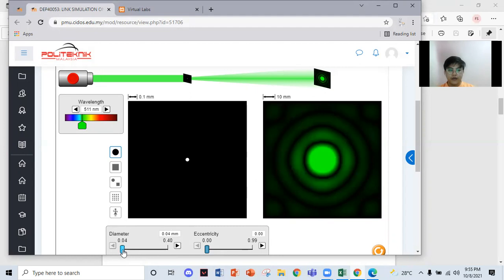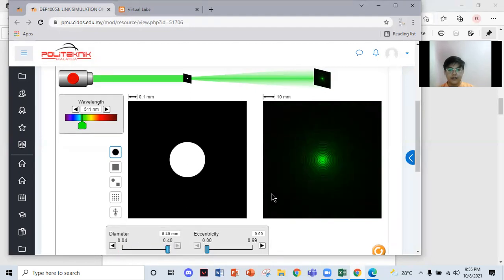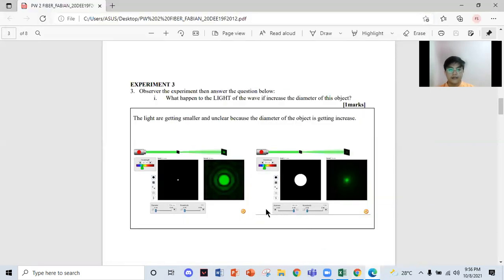So when we increase the diameter, as you can see, cahaya yang terpantul adalah lebih kecil dan tidak berapa jelas seperti sebelum kita increase the diameter, dia lebih jelas dan terang. Manakala apabila kita increase the diameter, seperti yang Anda dapat lihat, cahaya yang terpantul adalah lebih kecil dan kurang jelas.